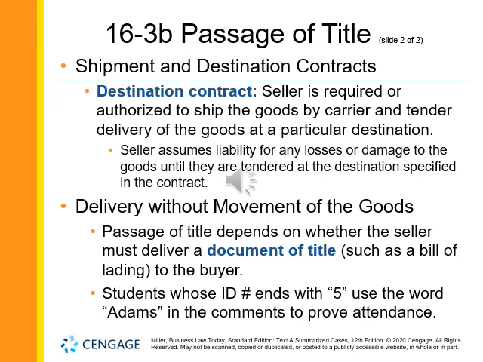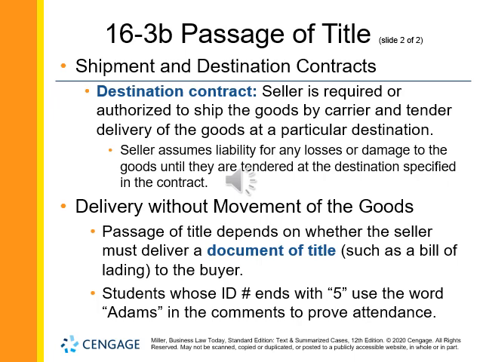In other words, in the shipment contract, the seller is no longer liable once the goods have left the seller, but they are still liable under a destination contract up to the point at which they are delivered to the buyer.